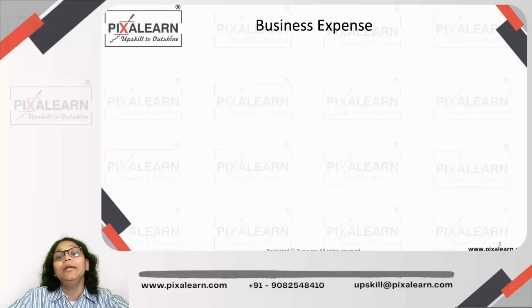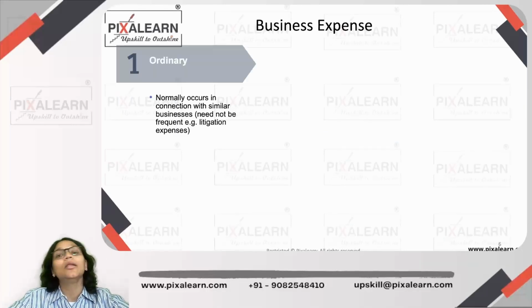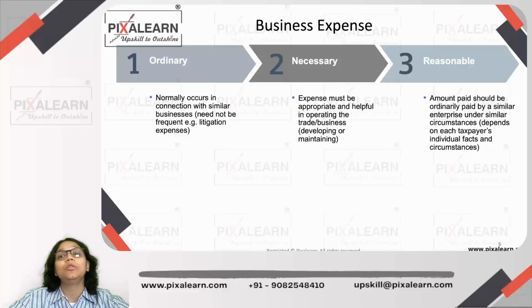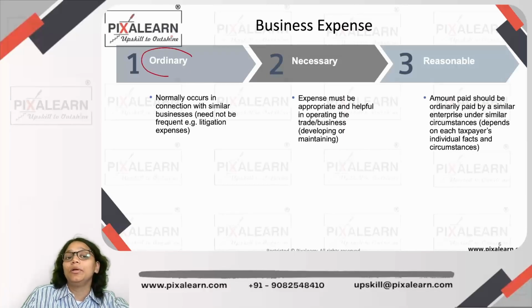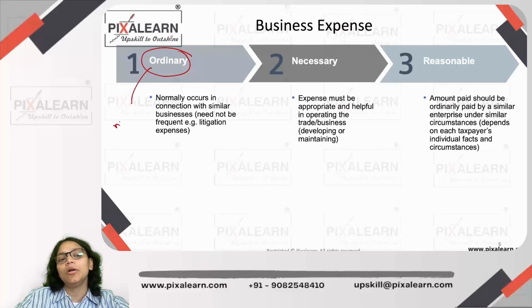Now, what kind of business deductions are allowed? First, the most important guiding principle is that the amount should be related to the business. The amount should be ordinary, something which normally occurs. And please remember, this does not mean frequent.